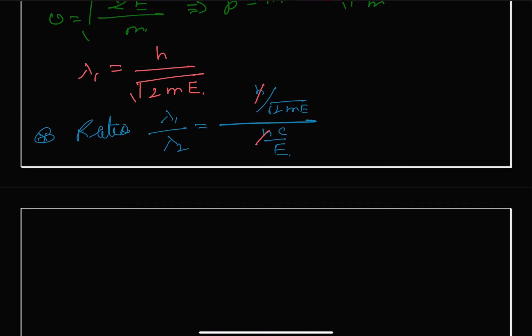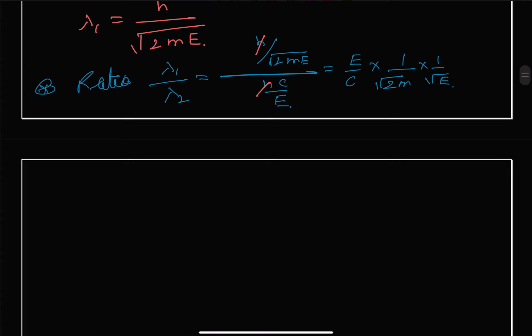We are only interested in E, so this will be equal to E upon c multiplied by 1 upon square root of 2m and multiplied by square root of E.